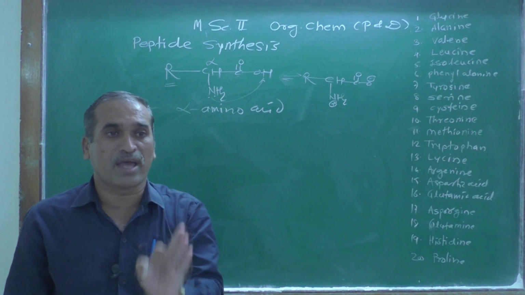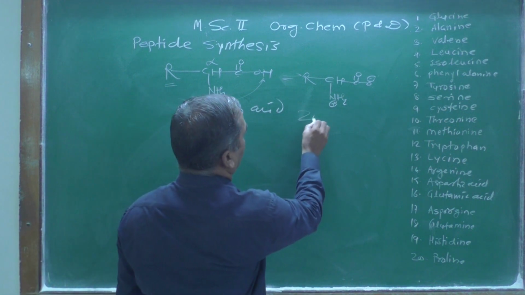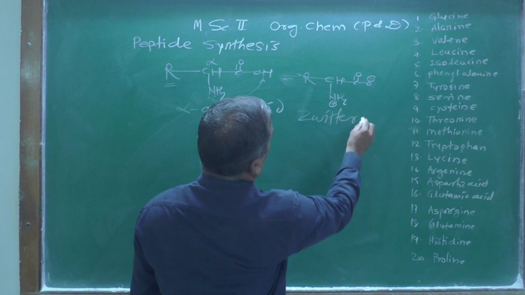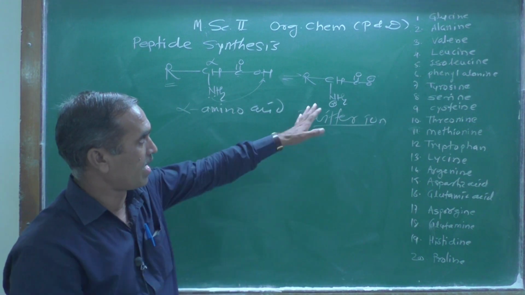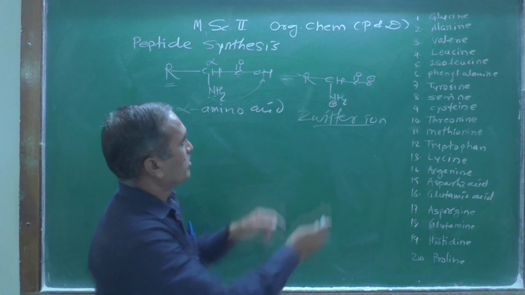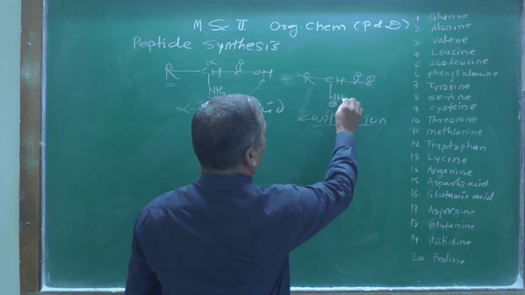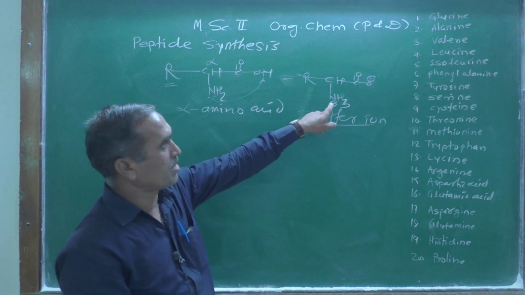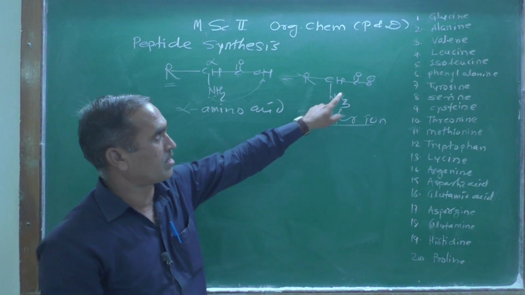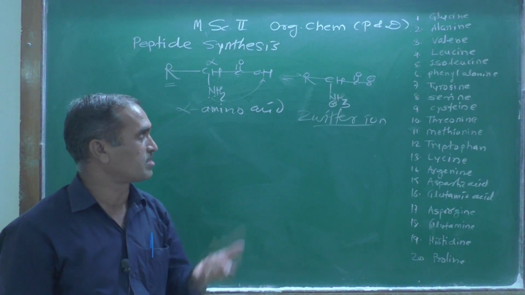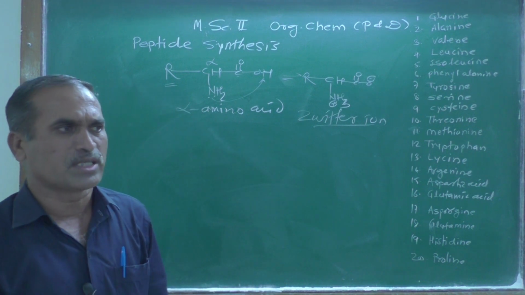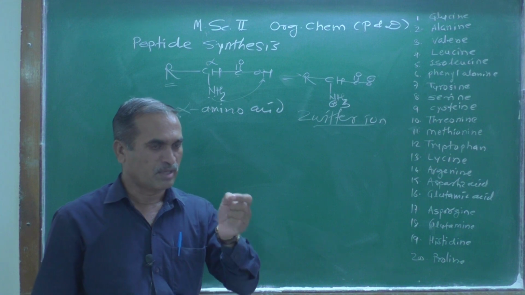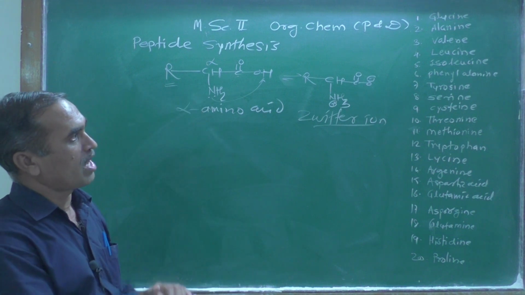That type of ion is called a zwitterion. Here it is NH3, not NH2: positive charge on the nitrogen atom, negative charge on the oxygen atom. It is one of the features of amino acids.